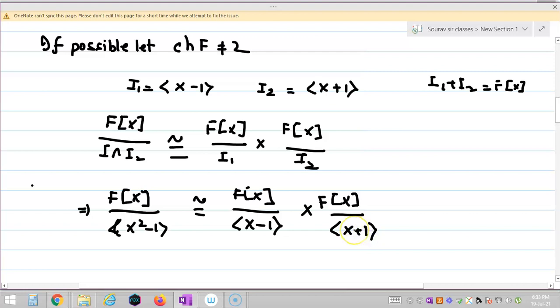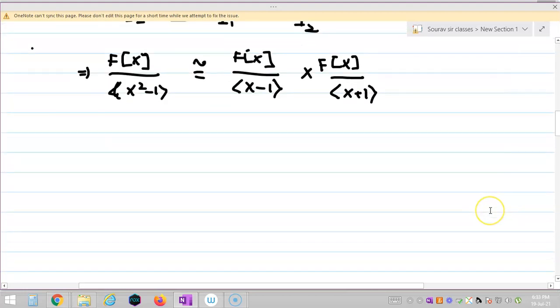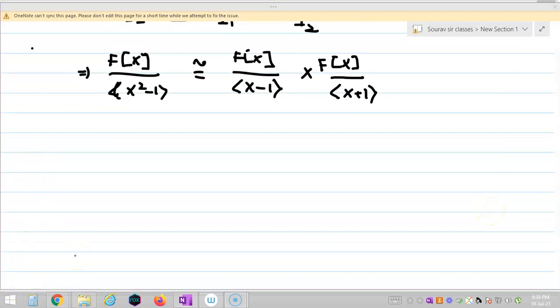Now we are going to use another fact: a polynomial ring quotient has a non-zero nilpotent element if and only if the polynomial is divisible by the square of some non-constant polynomial. I am repeating my argument again. Now you can see that you cannot divide this polynomial by the square of some non-constant polynomial.